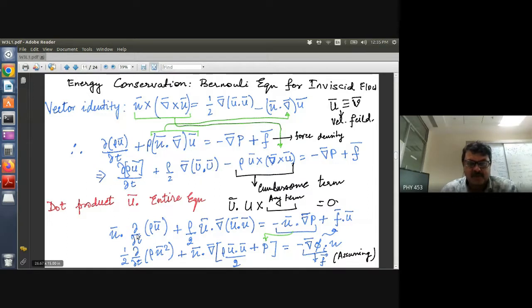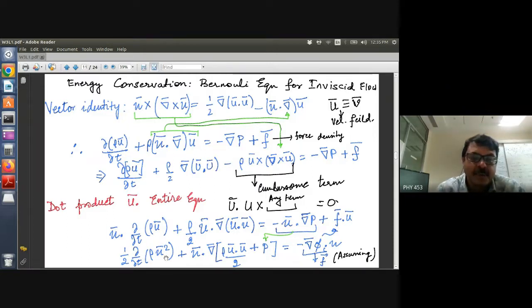You're going to have u dot del t of rho u because you've taken the dot product. This was grad, remember? And then u dot grad p, and f dot u, force density dot u. Now you have a u dot grad p, you have a u dot grad something, and this can be put together, and in turn can be written as half rho u square.